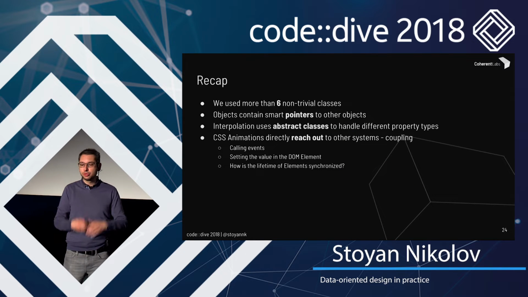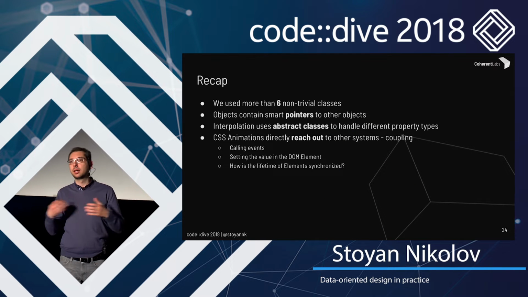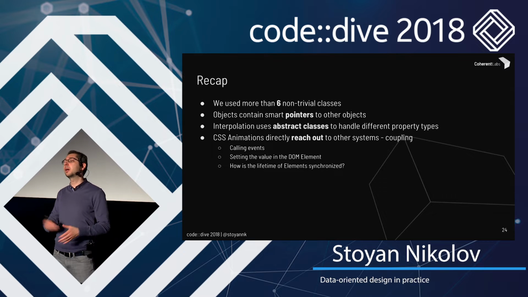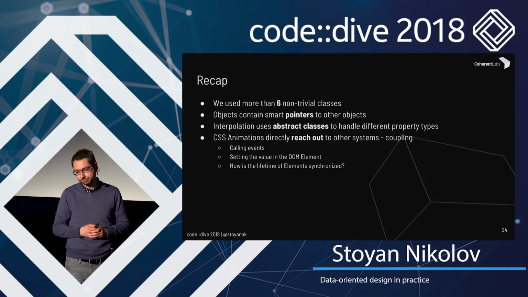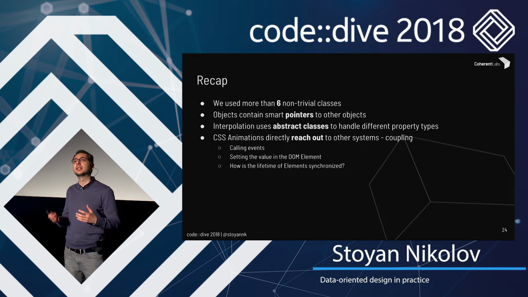So to recap, we used more than 6 non-trivial classes. They used smart pointers for the systems. We got some coupling between the systems because of that. And we got some unclear lifetime semantics on some of the stuff.